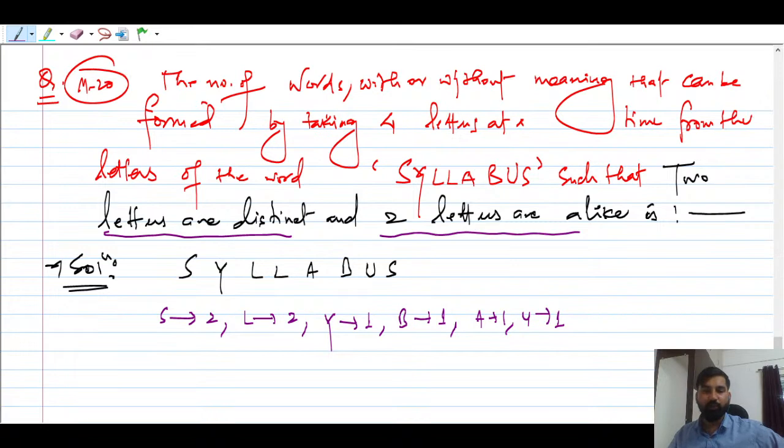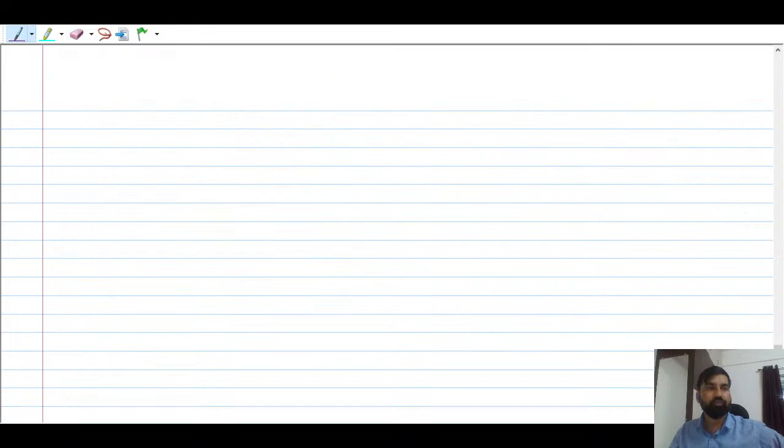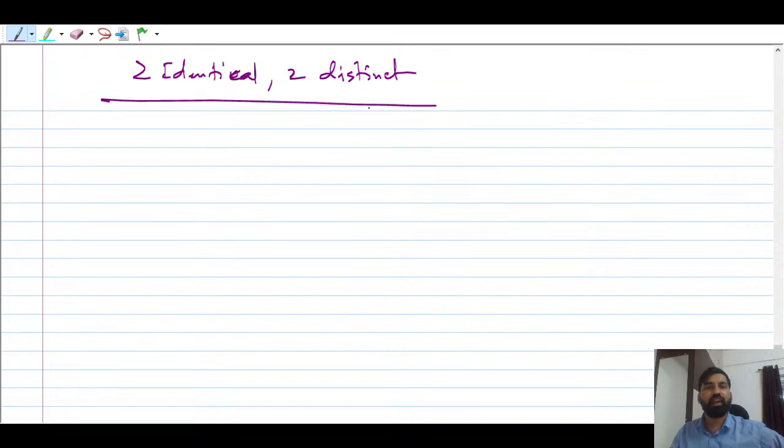Yes. What we can do here is they have already stated something, so case 1 will be only the answer, right? So let me do this in the next page. Two identical, and two distinct. They have already mentioned it, so you don't have to make a case here.